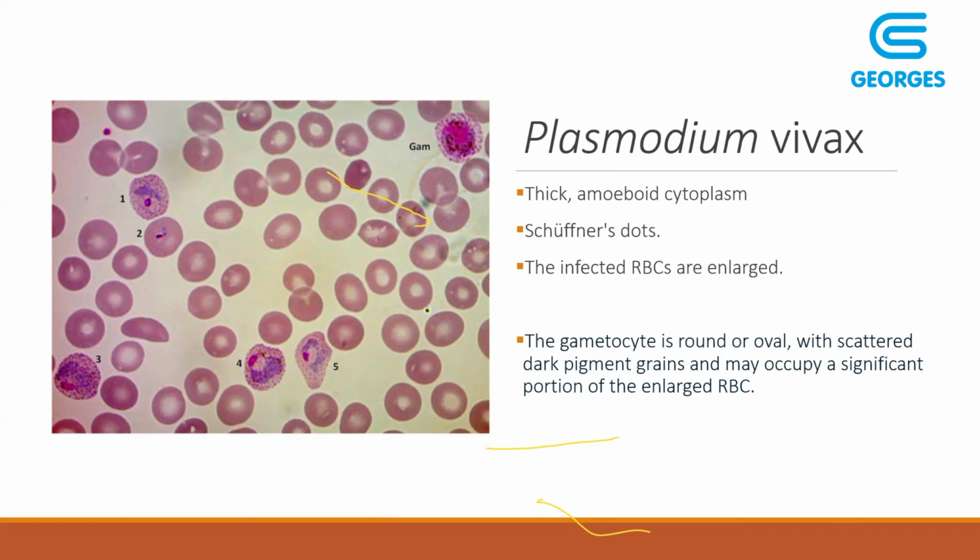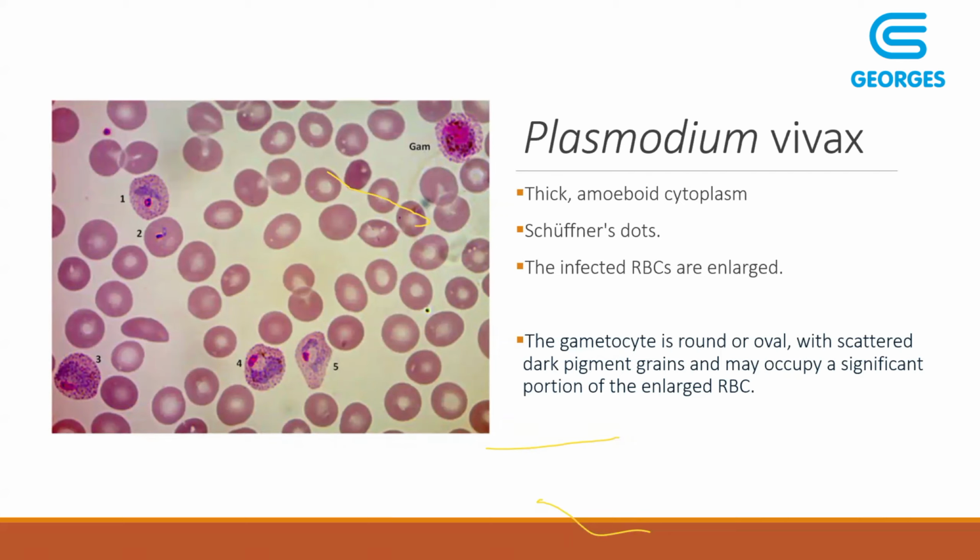You can see the size of the RBCs is large compared to the other RBCs that are uninfected. And then on the top right, you can see a gametocyte on the same image. The gametocyte is either round or oval, and it takes up the entire RBC. And then you can also see dark pigments inside that gametocyte.